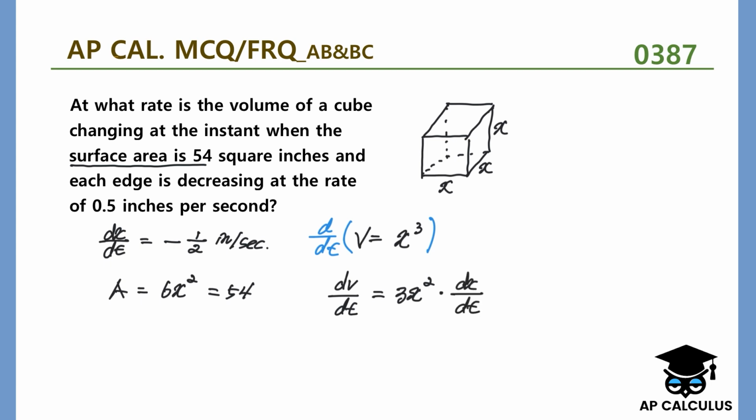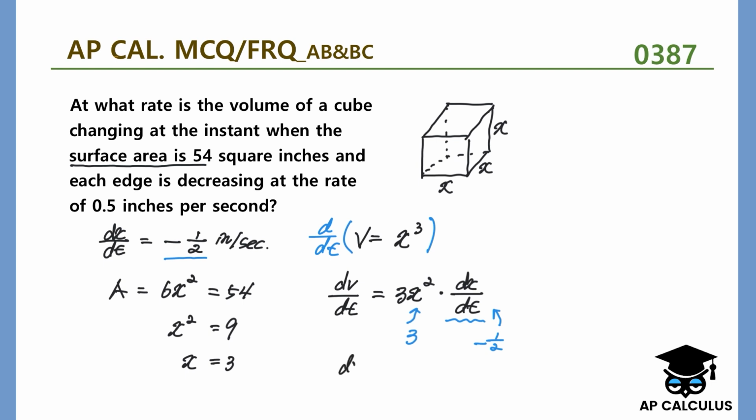When the surface area is 54, then x has to be 3. So we're going to substitute 3 here. And dx over dt, that's given, that's negative 1 over 2. So substitute negative 1 over 2 for dx over dt.